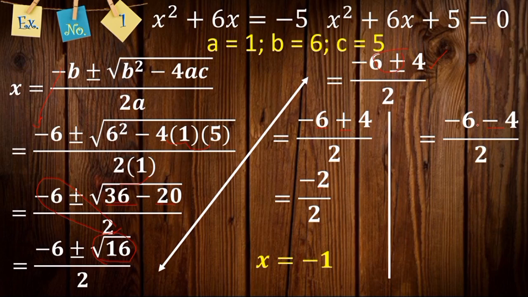Then let's do the same thing on the other equation. Negative 6 minus 4 is negative 10 over 2, or negative 10 divided by 2 is negative 5. So the roots or the solutions of the quadratic equation x squared plus 6x equals negative 5 are negative 5 and negative 1.